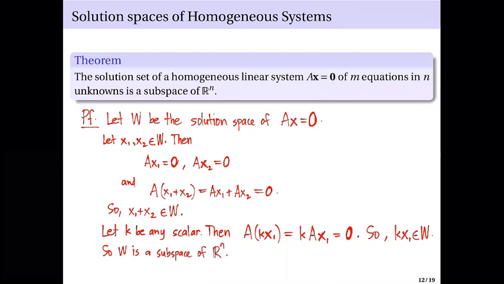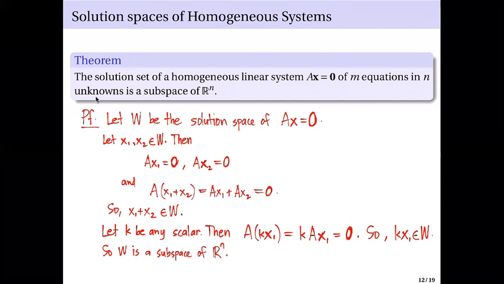We did not say that x1 is a vector in Rn, but it must be a vector in Rn because W is a solution space of this, and the x here has n numbers, n unknowns.